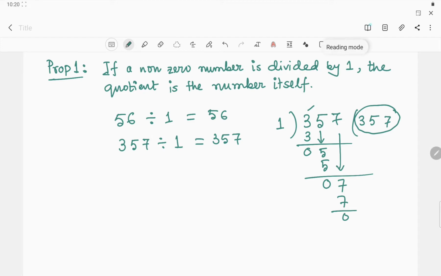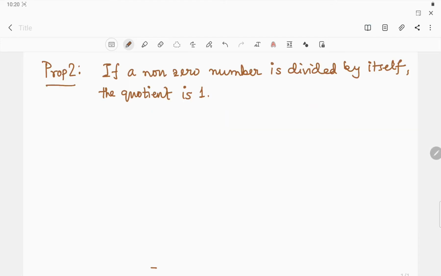Now I am going to the next property. Property number 2. If a non-zero number, who are the non-zero numbers? Except 0, all the numbers are non-zero, right? So when a non-zero number is divided by itself, the quotient will be 1. Okay, so let's take an example.